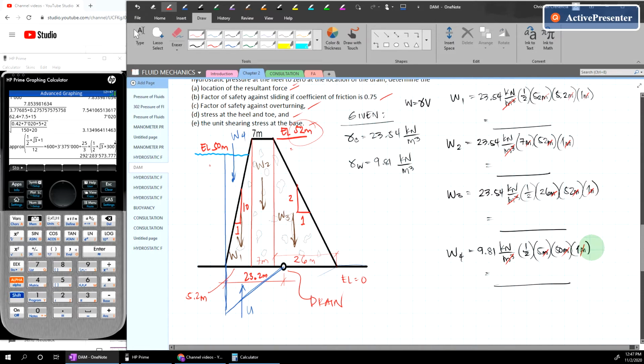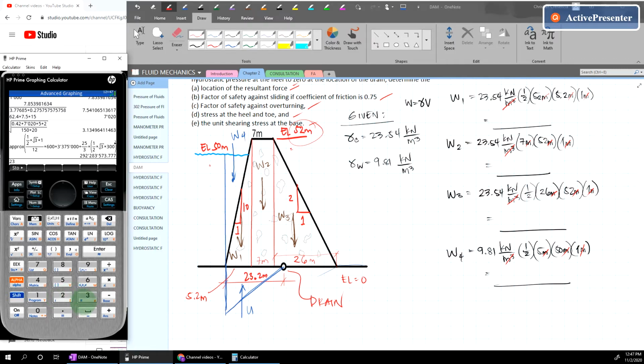Okay, so let's solve. We have 23.54 times 1 times 0.5 times 52 times 5.2. Then next is 23.54 times 7, times height na 52. Check ko lang, tama naman na input. Next is 23.54 times 0.5 times base na 26, then height is 52.